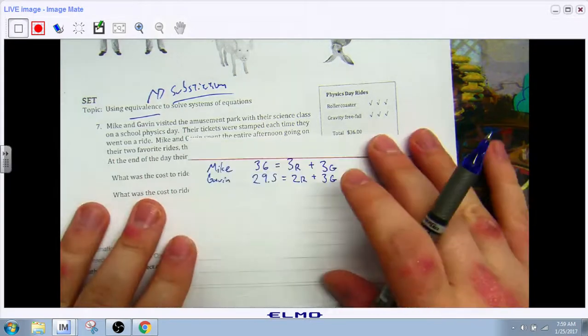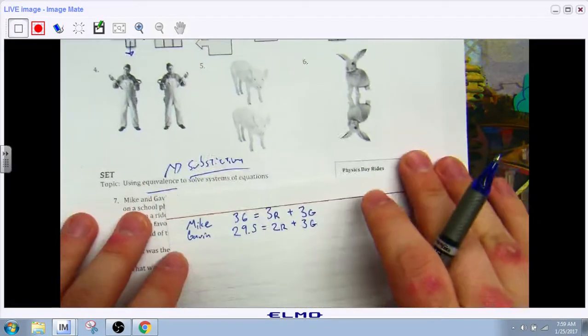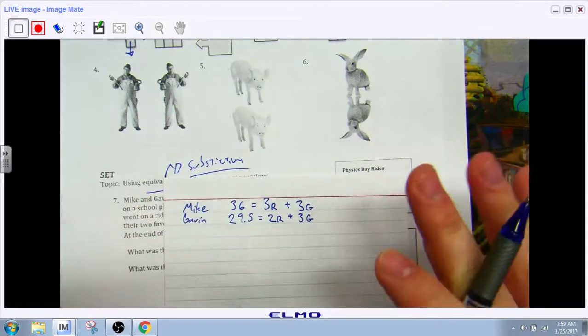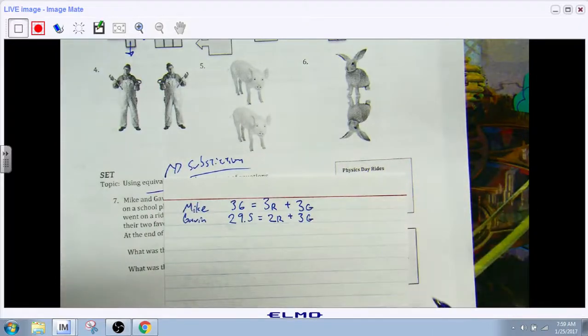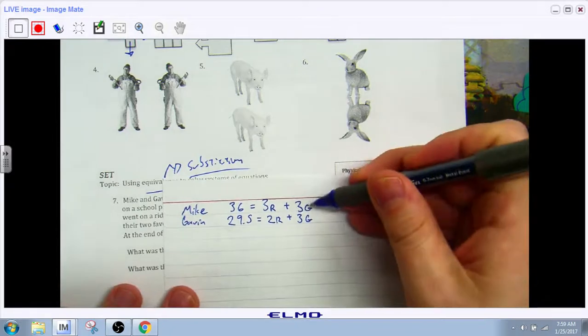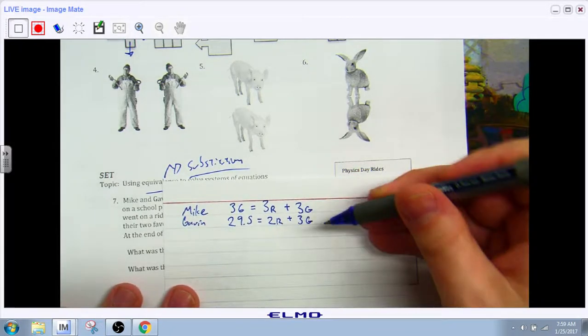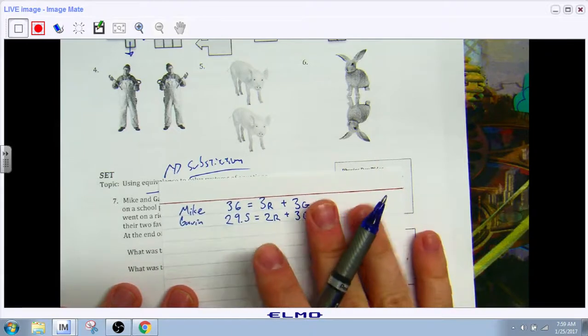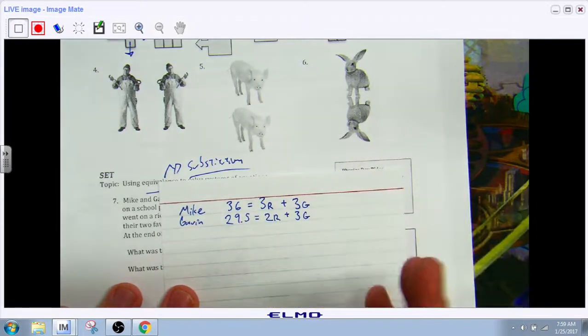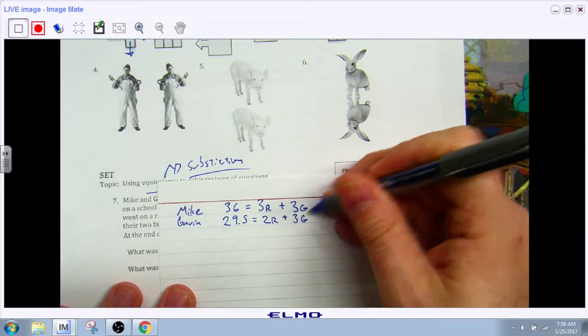Here's how we're going to do this. We're going to do this by solving for one of the variables. When we're talking about the idea of equivalence, what we can see here is we have 3G and 3G. Those are the same thing. So I'm going to leave those on the right side of the equation. I want 3G by itself because I've identified that I'm going to substitute 3G in for 3G.